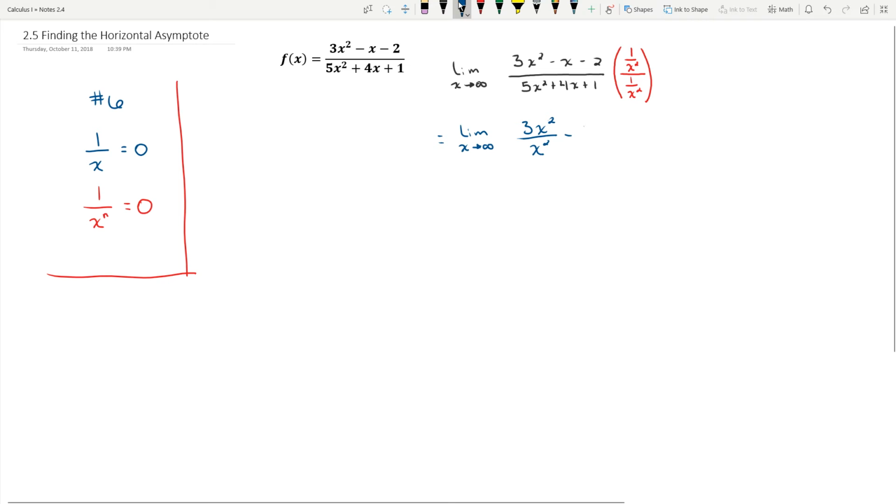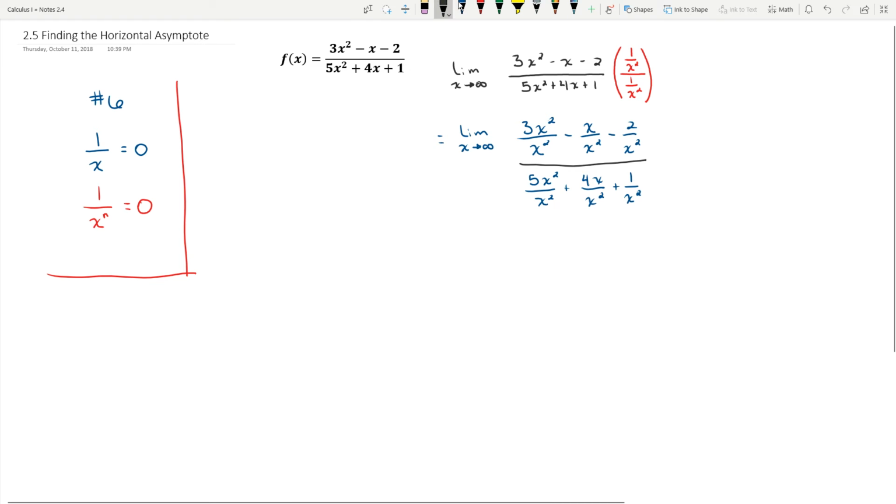So our next term is x over x squared and minus 2 over x squared. And then each term in the denominator will also be divided by x squared: 4x over x squared plus 1 over x squared.